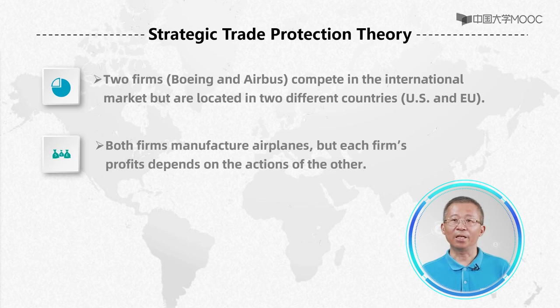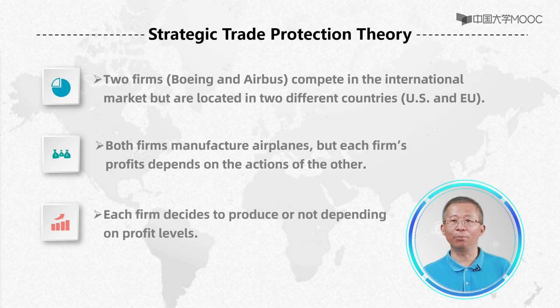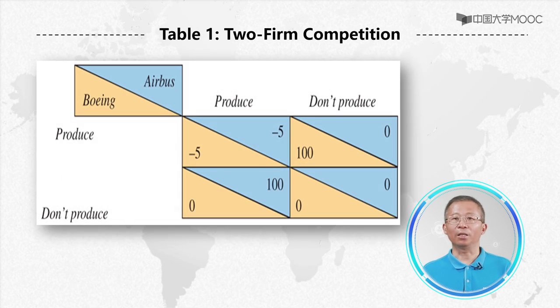Suppose there is a new product, an aircraft, that both firms are capable of making. For simplicity, assume that each firm can make only a yes or no decision, either to produce the aircraft or not. Look at table 1.